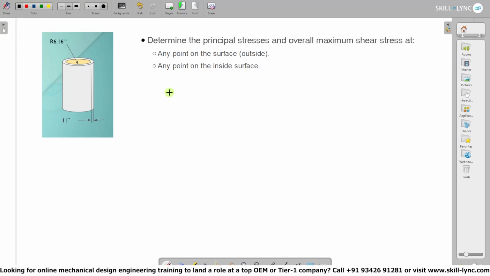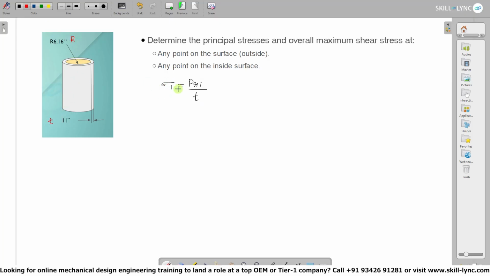So in this given problem, we are supposed to work with thin walled surfaces. Now for thin walled surfaces, the pressure formula changes. It's not the same as we saw earlier. So our sigma 1, one of the principal stresses, would be P Ri by t, wherein P is the pressure exerted on the vessel and Ri is the inner radius and t is the thickness. So we have the thickness and radius here.